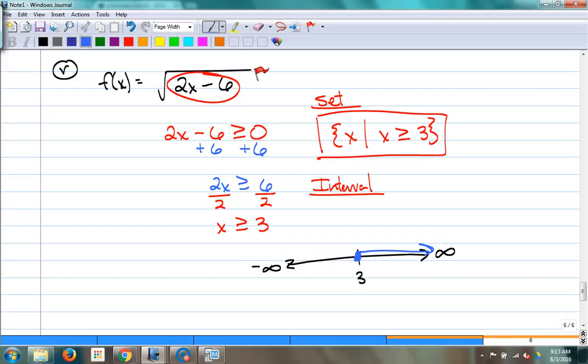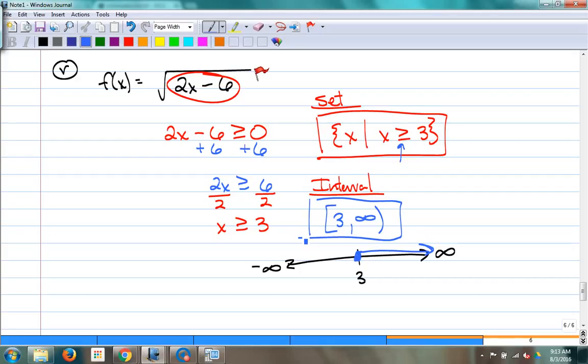If I start at 3, including it, and go to positive infinity, I know I've got a 3 here. What goes beside it? Positive infinity. The notation for positive infinity is going to have a parenthesis. What should go here? Parenthesis or bracket? Why bracket? Because it's included. That equal to mark there tells me that bracket has to be there. So there's my interval notation.